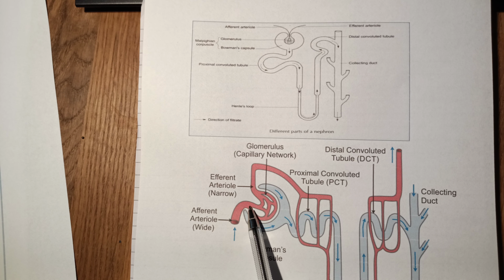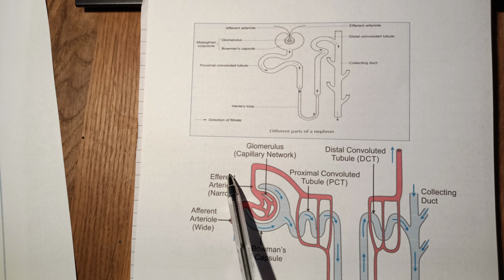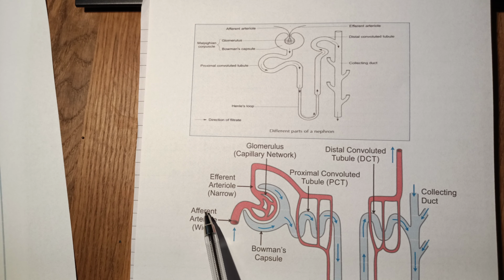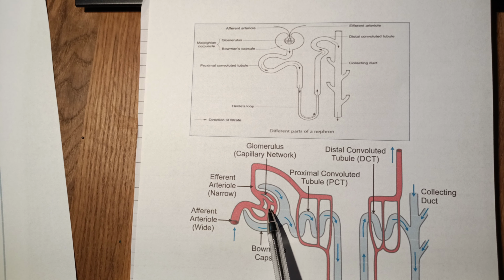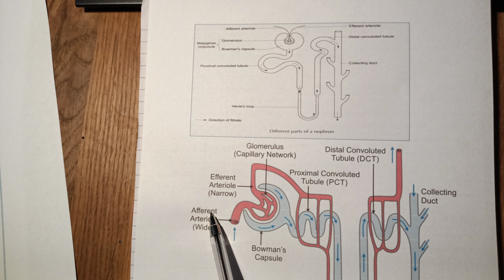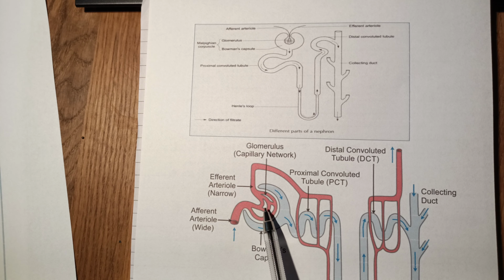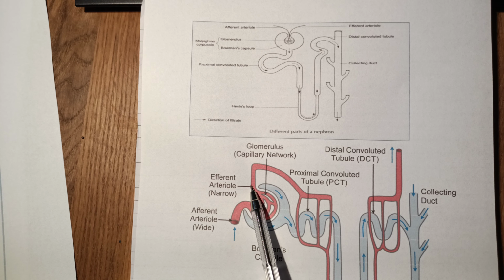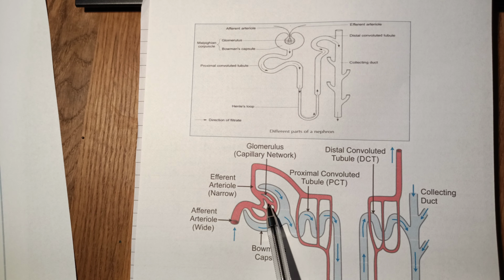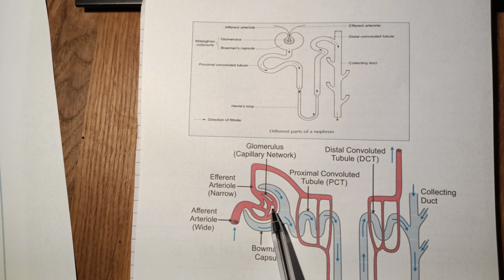This is a wide artery, so the blood comes with high pressure, and then it is drained via the efferent. The one which brings blood to the glomerulus is called afferent. The artery that takes the blood away from the glomerulus is called the efferent arteriole, and the efferent arteriole is narrow. So the blood here is under pressure because it comes from a wide artery and has to pass through the narrow artery.